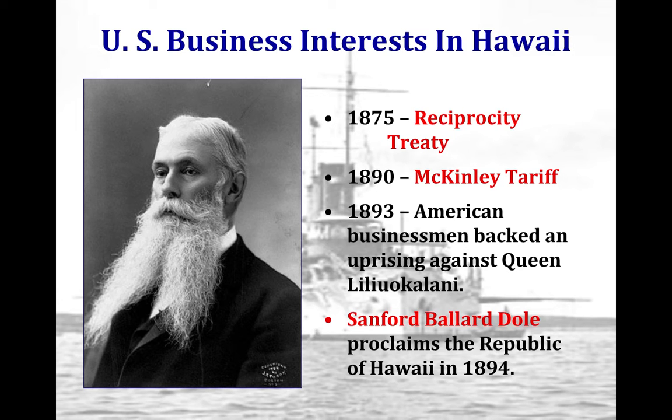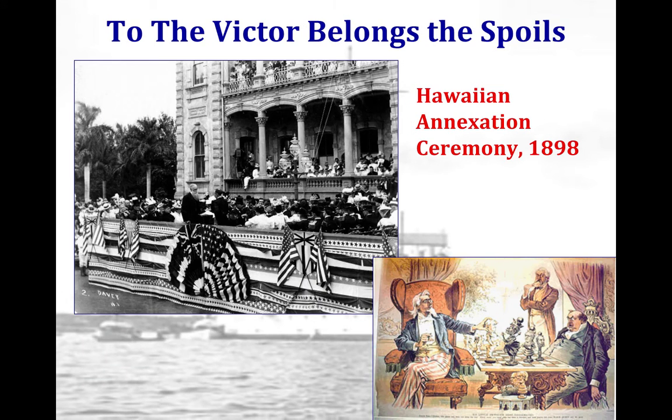In 1893, you're going to have American businessmen, entrepreneurs support an overthrow of the monarch. And this is successful. So you're going to have the overthrow of the last queen of Hawaii in 1893, and then in 1894, this man here, Sanford Ballard Dole, officially proclaims that Hawaii is an American republic. So in 1898, you're going to have the annexation of Hawaii, the celebration there.